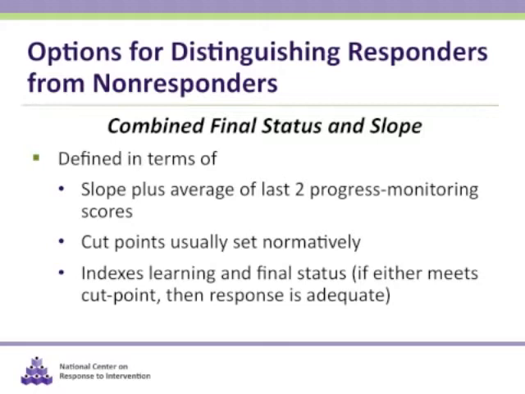And these cut points for slope and for final status on the progress monitoring measure are usually set normatively, so in terms of a representative sample of students at that grade level. And in this case, we index learning as well as final status. And in most systems, if either final learning or final status is met, then response is considered to be adequate.